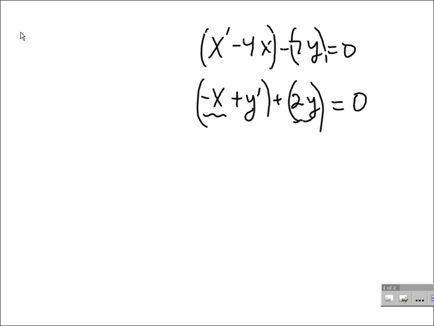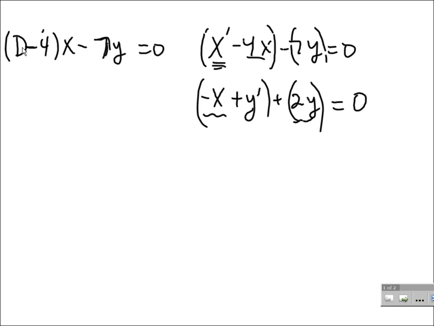So it's going to be D minus 4 operated on x, because if you take the derivative of x, you get this, minus 4 times x. So that's the first part of the equation. Minus, well, 7 is an operator, and it's multiplied by y equals 0.